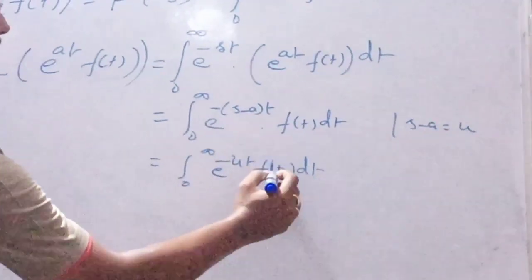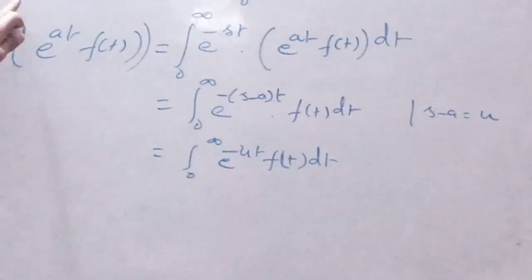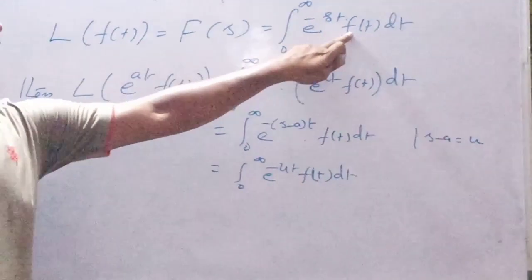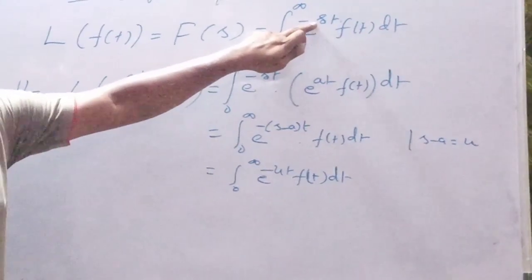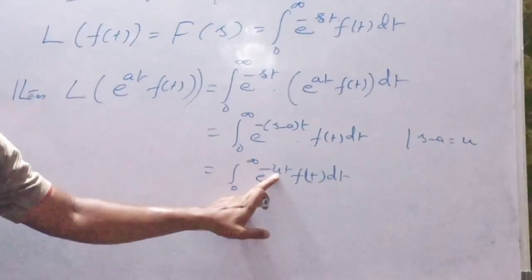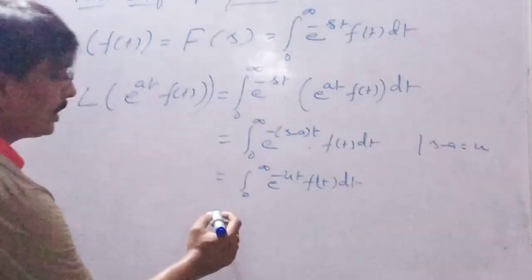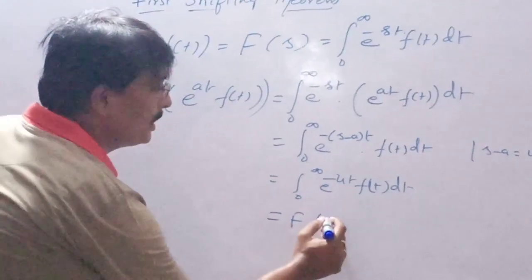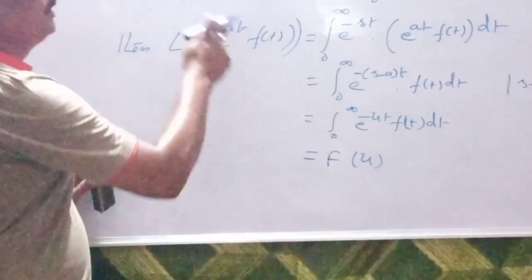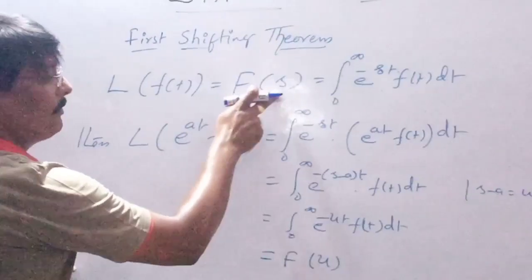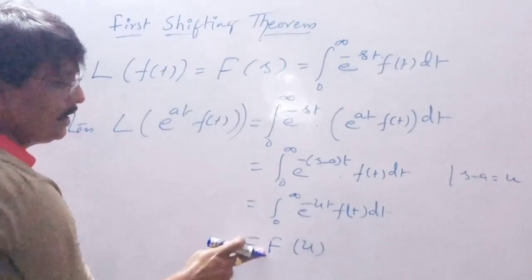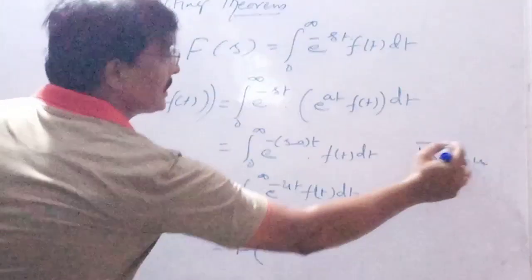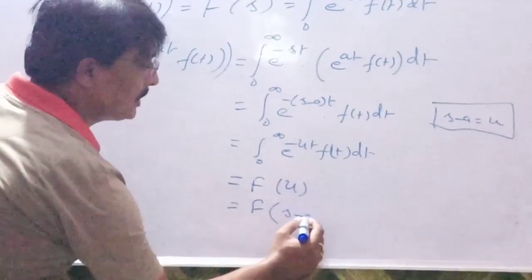This is similar to the Laplace transformation of f of t, the integral of e to the power of minus st f of t dt, but instead of s we have u. So it is F of u, where u is s minus a, so F of s minus a.